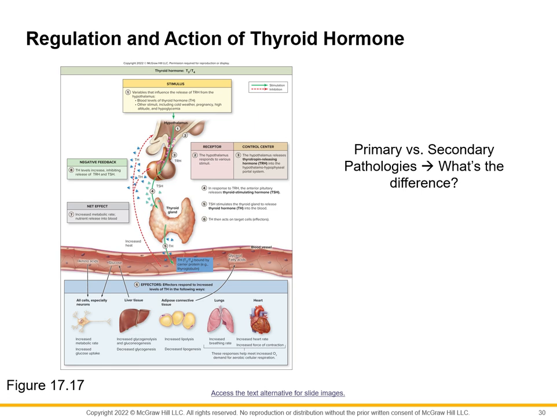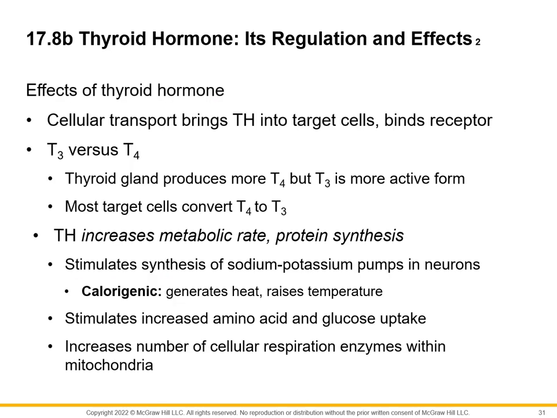In a secondary pathology, it's going to affect some other organ that then affects the thyroid. It may be an issue with the hypothalamus or with the anterior pituitary. So there are different ways in which you can have alterations in the normal function of this pathway.